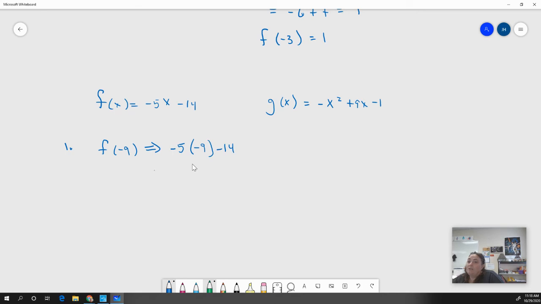And then I'm going to solve it, right? That's 45 minus 14, which is just 31. And this is going to be my solution for f of negative 9.